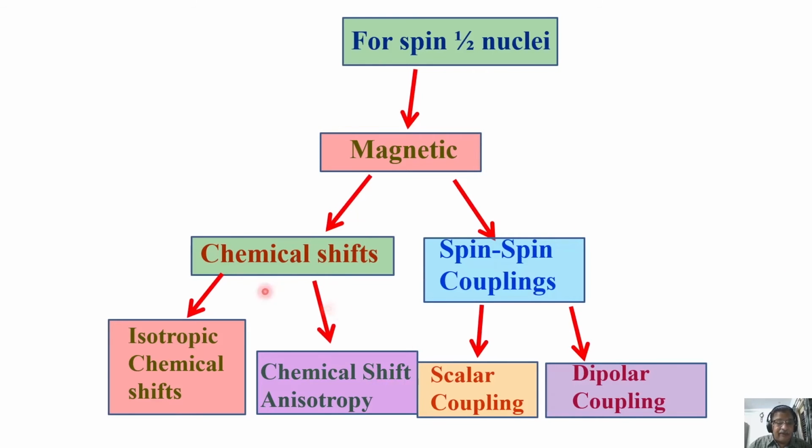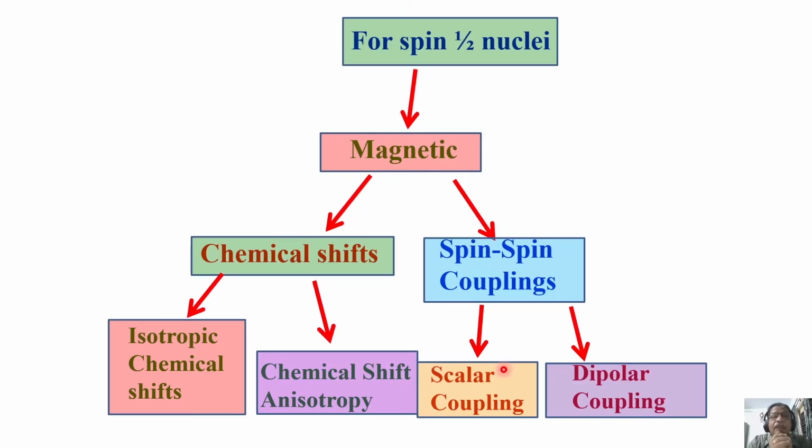Again, as I showed you previously, we have isotropic and anisotropic parts of chemical shifts, spin-spin coupling, scalar coupling, and dipolar coupling. All those things we can discuss.